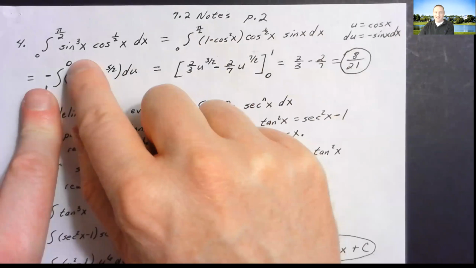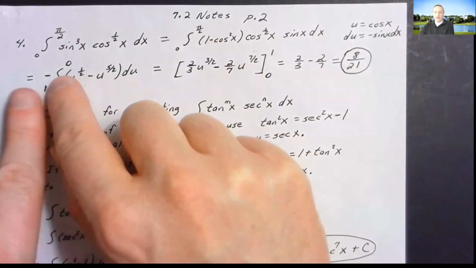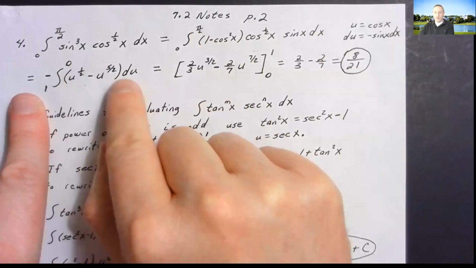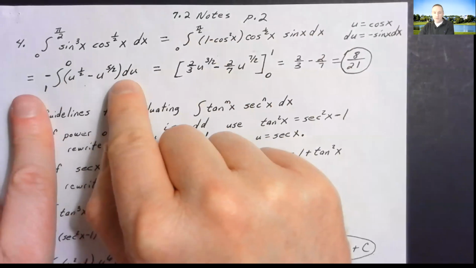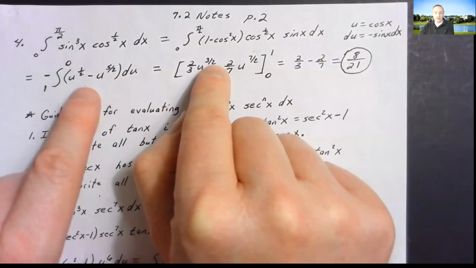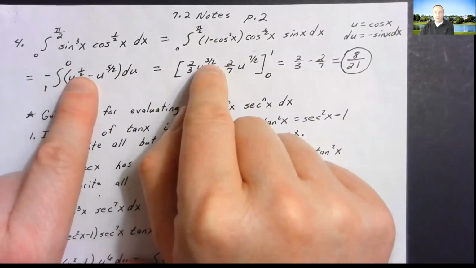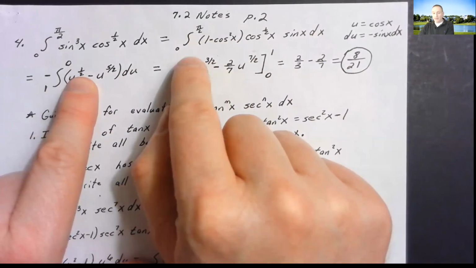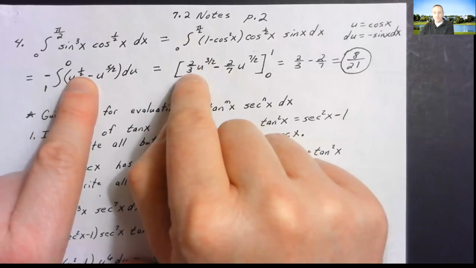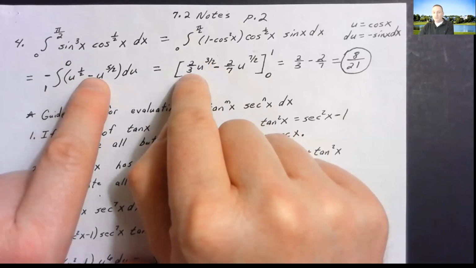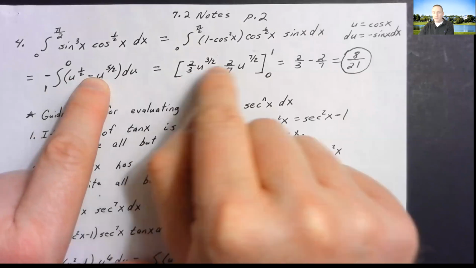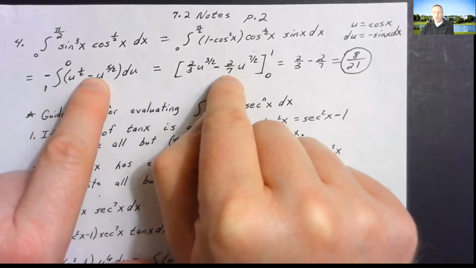Cosine pi/2 is 0. So now we have the negative integral from 1 to 0 of this function in terms of u. Power rule on both terms. The first term becomes u to the 3/2. And then you'll be multiplying that by the reciprocal, 2/3. The second term becomes u to the 7/2, and you'll multiply it by the reciprocal, 2/7.